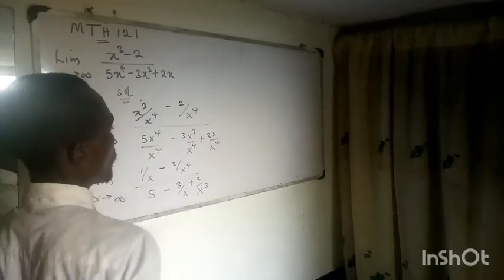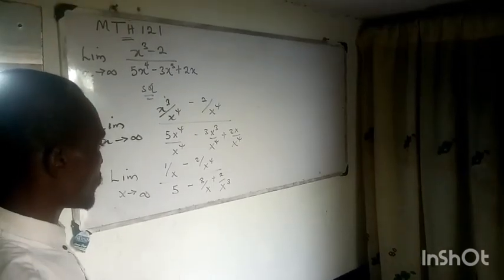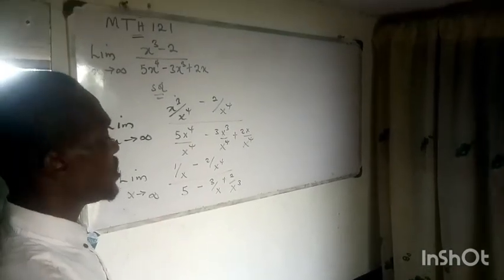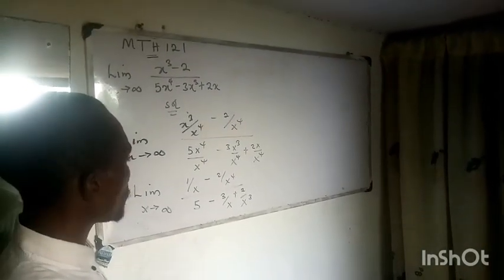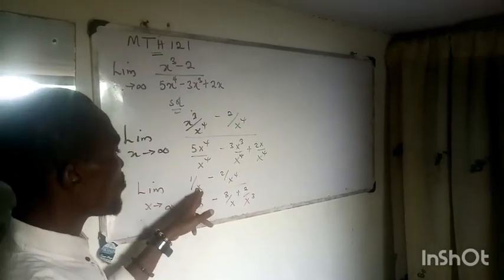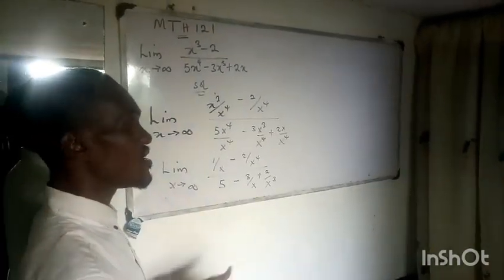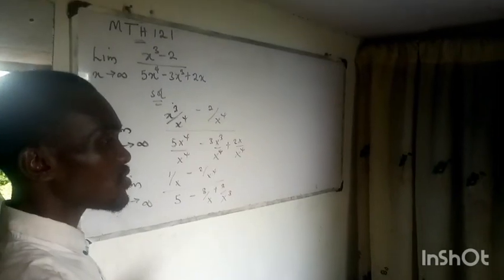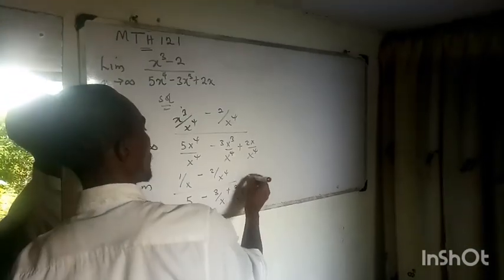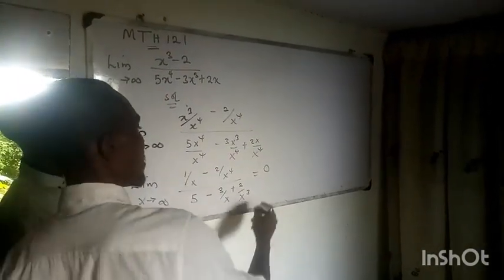Now, it is much easier to find the limit as x tends to infinity, because this is a classic situation whereby you have a constant as the numerator and the variable as the denominator. So as the value of x in the denominator increases, the whole fraction is going to tend to 0. So 1 over x definitely is going to tend to 0 as x approaches infinity. x keeps getting larger.